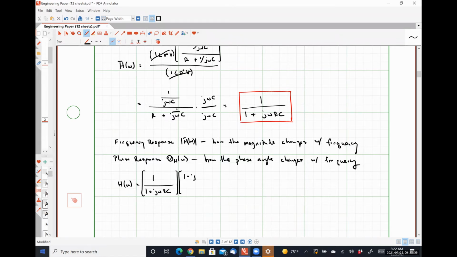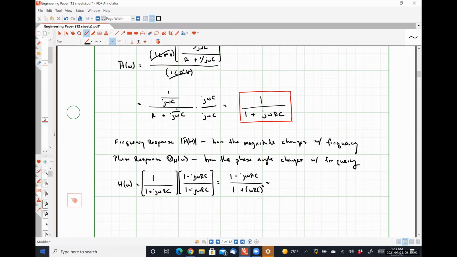So that would look like 1 minus j omega RC over 1 minus j omega RC, which would leave me with 1 minus j omega RC over 1 squared plus omega RC quantity squared.